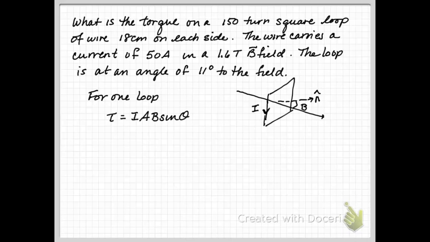And so first we start by finding the torque on one loop, and that's just the current times the area times the field times the sine of the angle in between. So it's going to be 50 amps, and in this case 0.18 meters squared, because it is a square, 1.6 Tesla, sine of 11 degrees.